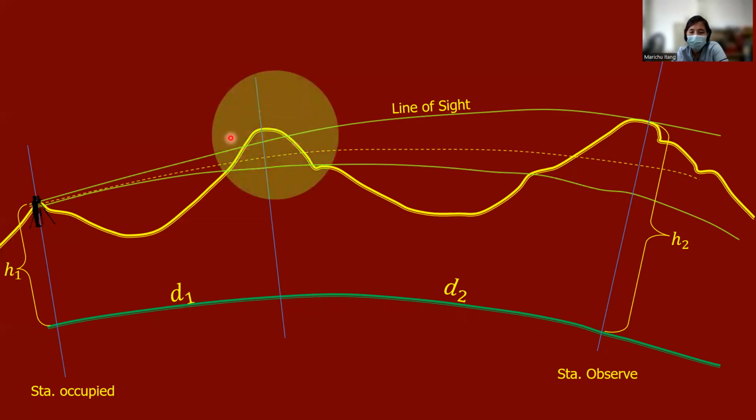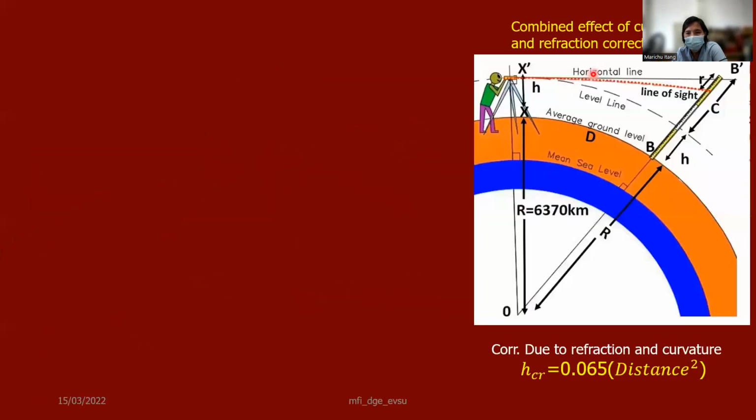So let's focus first here in this portion. Again, we consider the effect of the curvature and refraction correction. So let's say this is the instrument, and this is the line of sight. So what will happen? Mayroong deviation between yung line of sight natin and this is the horizontal, yung na-measured na distance.